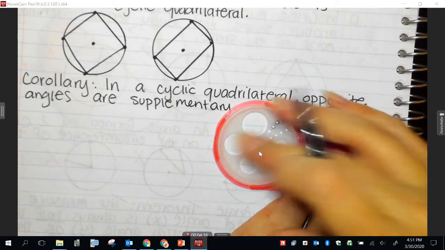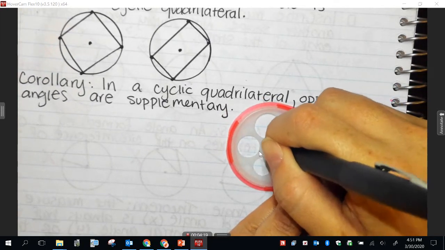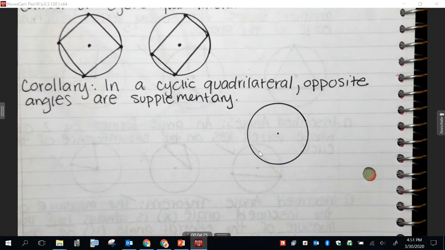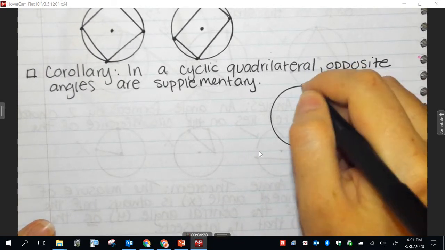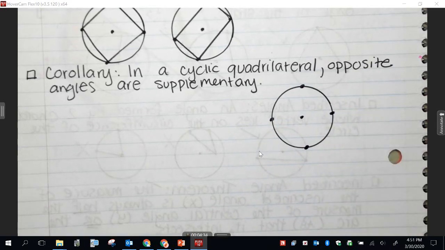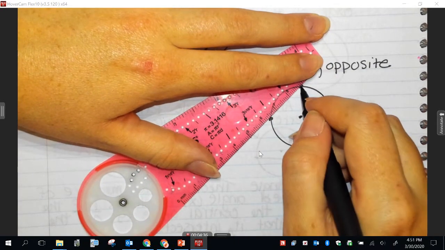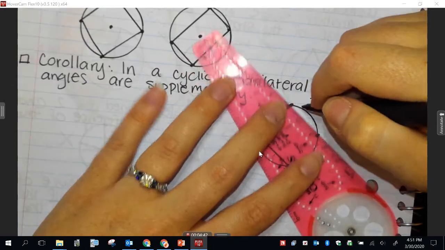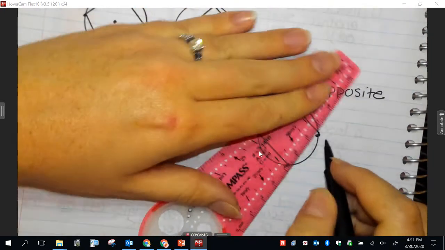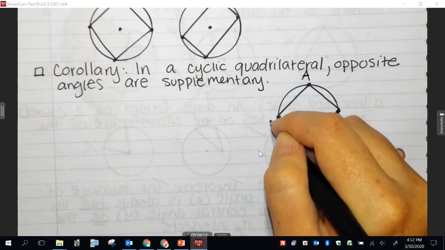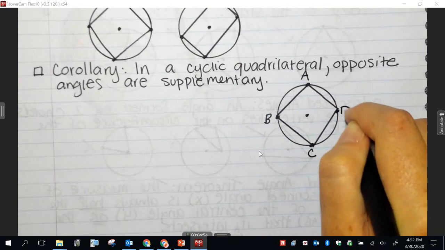So let's put a picture in here of a cyclic quadrilateral. I'll make this one mildly bigger. Not the same size as the other ones, but whatever. Connecting those points. Okay, so this is A, B, C, and D.